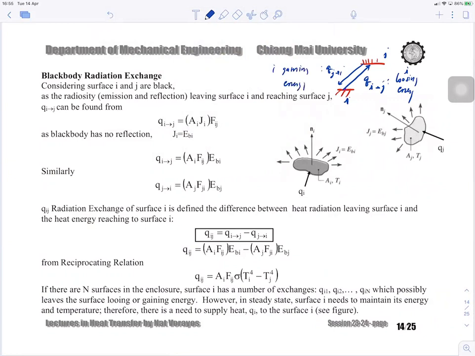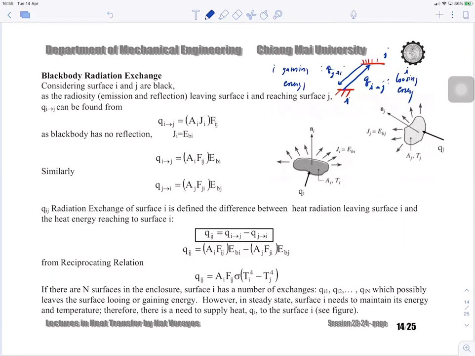energy, right? If your surface of interest is surface I, you're gonna have radiosity leaving away, taking some energy out from the surface I, that's losing energy.